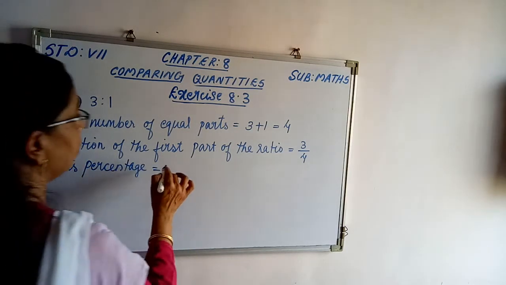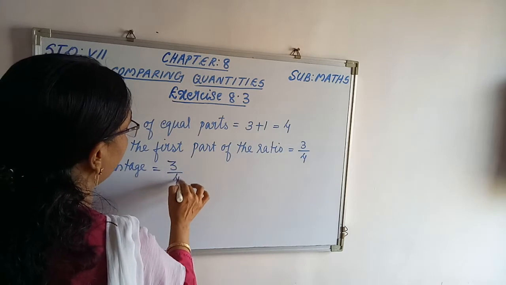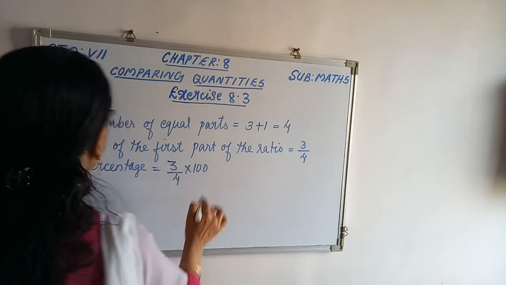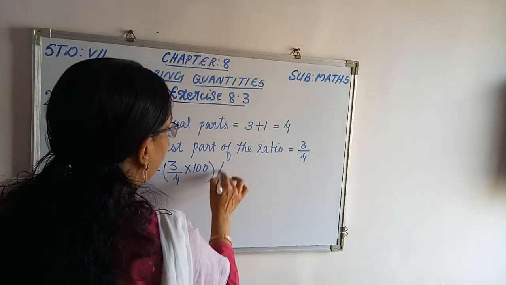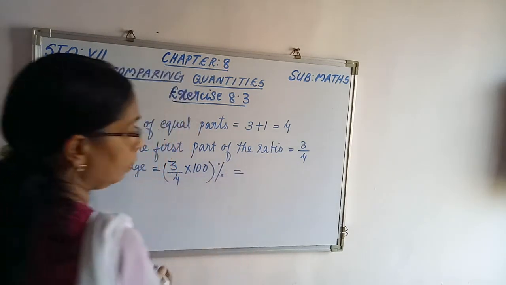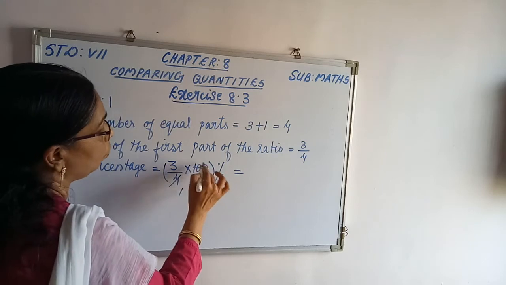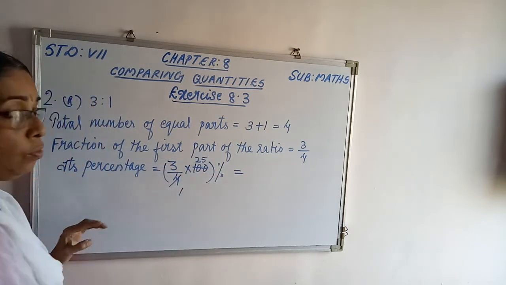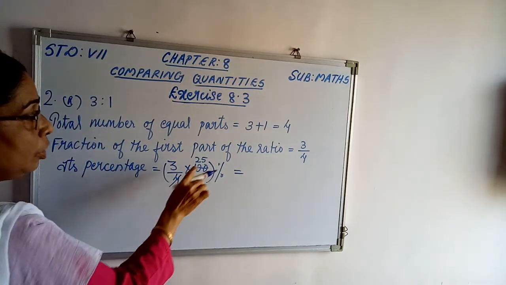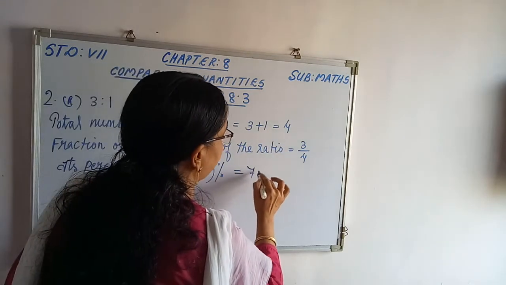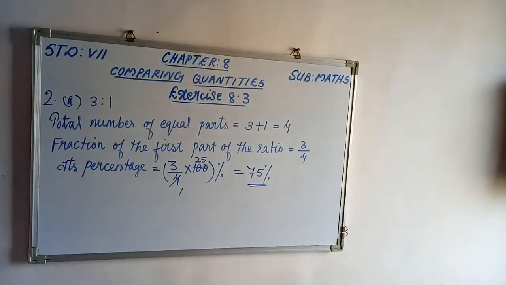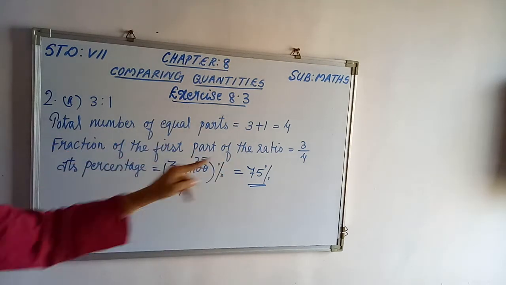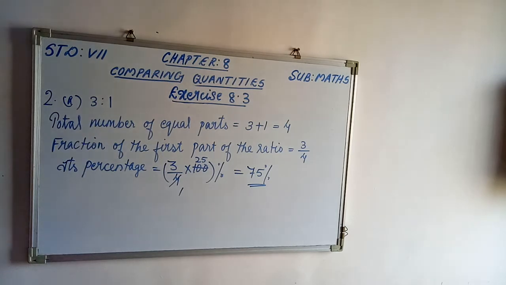Multiply by 100. So 3 upon 4 multiplied by 100 percentage. 4 ones are 4, 4 25s are 100. 25 into 3, it is 75%. Is that clear? Same way, you will write fraction of the second part of the ratio, that is 1 upon 4.